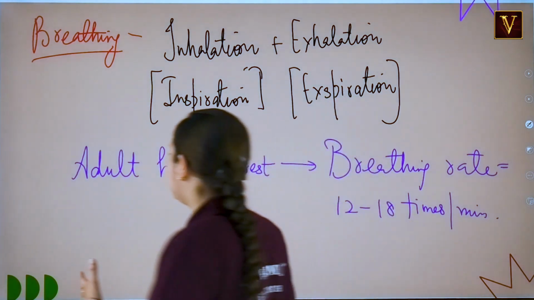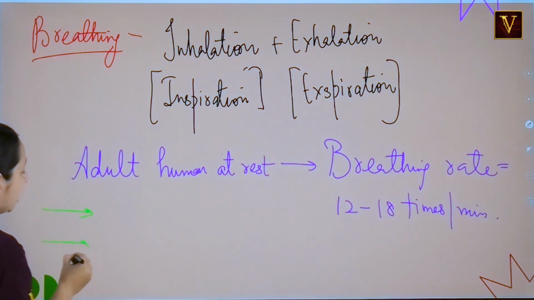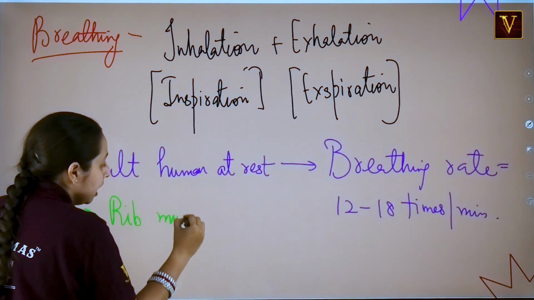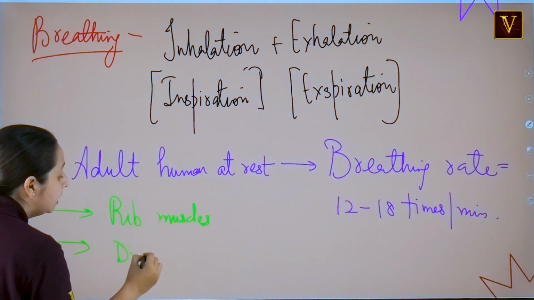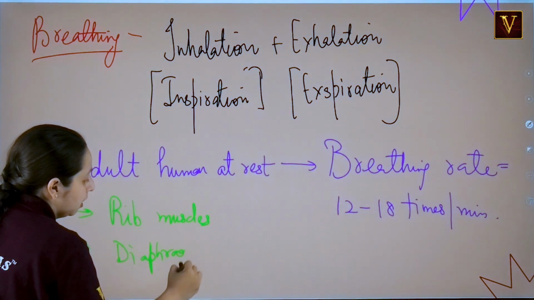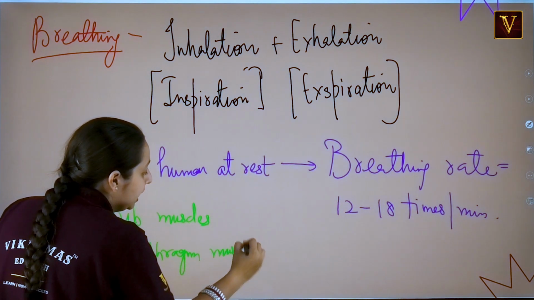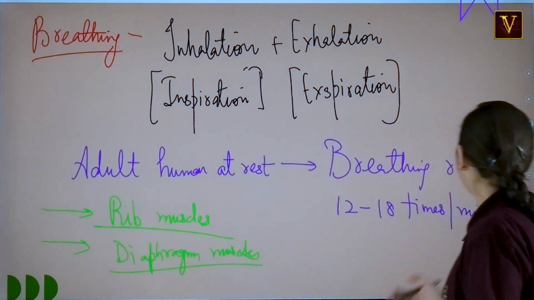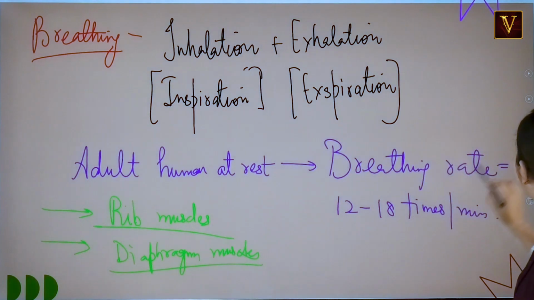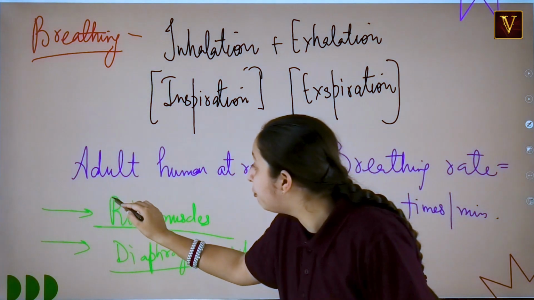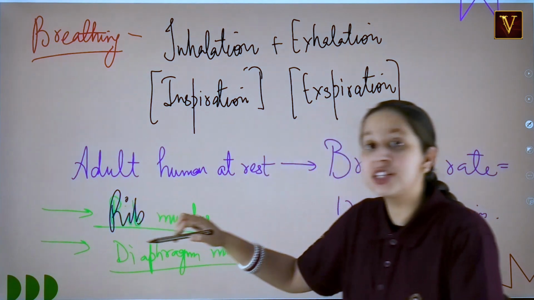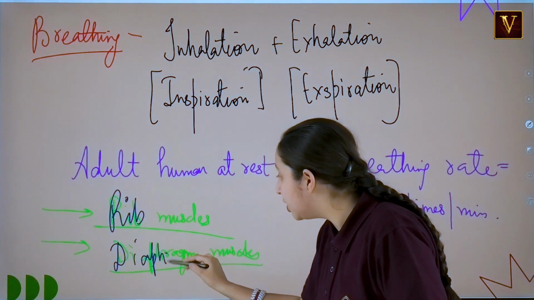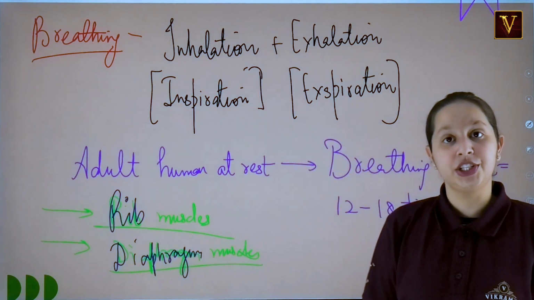Now, in order to perform breathing, we will require two muscles: the rib muscles and the diaphragm muscles. So we need rib muscles as well as diaphragm muscles to perform the mechanism behind exhalation as well as inhalation.